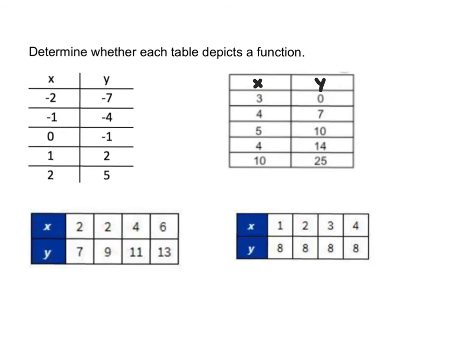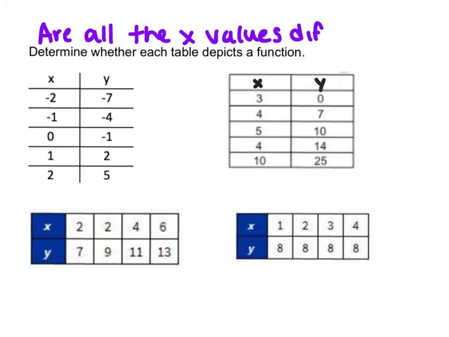In this example, we have to determine whether each table depicts a function. So essentially, we're still asking ourselves the same question: are all the x values different? So for the first one, the x values are the column because it's a vertical table.